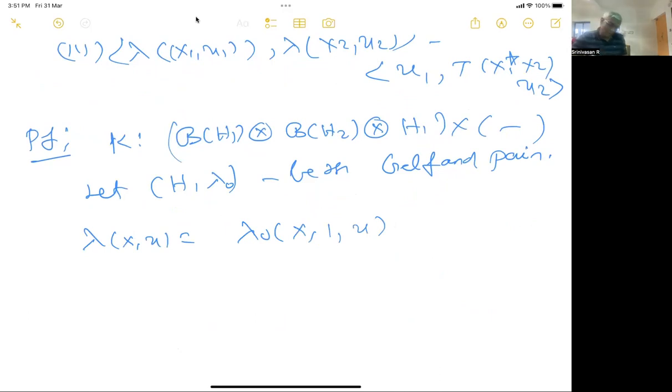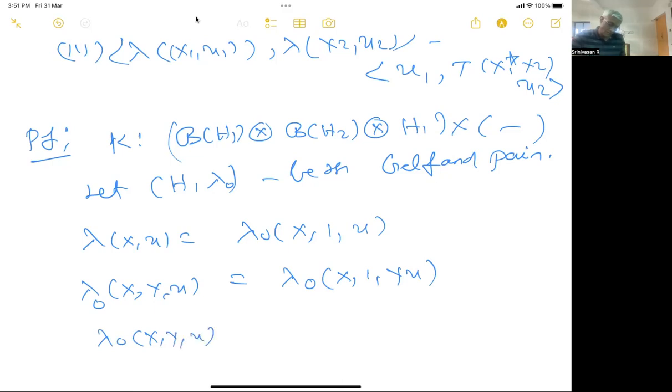The point is what you need is lambda naught of xyu is actually equal to lambda naught of x1yu. It's clear. That's because you take the difference, lambda naught xyu minus lambda naught x1u.